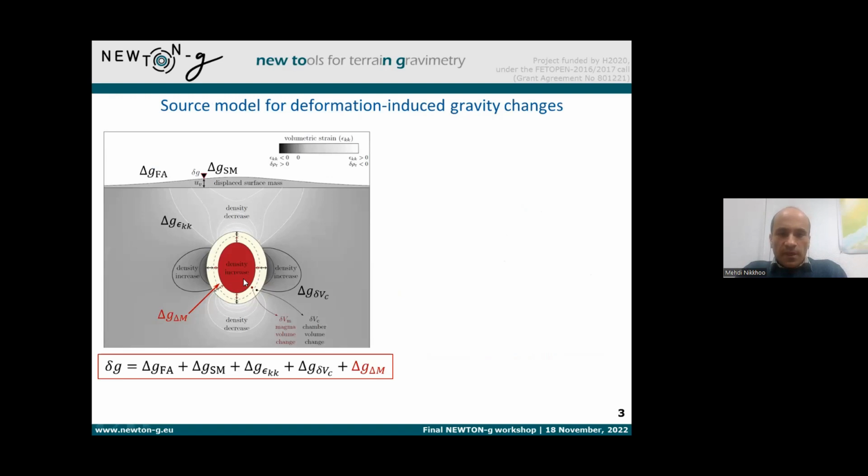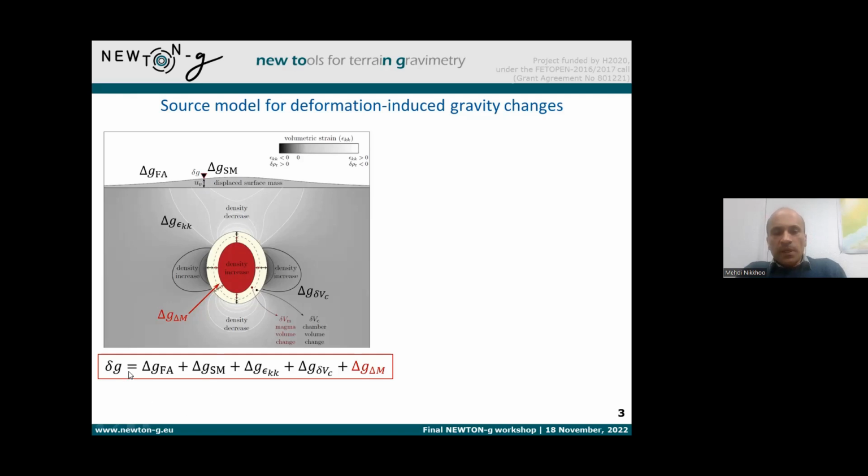Here we have a magma chamber, a pressurized magma chamber, which has led to some surface uplift. So due to this pressurization and the deformation of the host rock, we have several contributions to the gravity changes that are measured at the surface, at this gravimeter represented by the inverted triangle again.